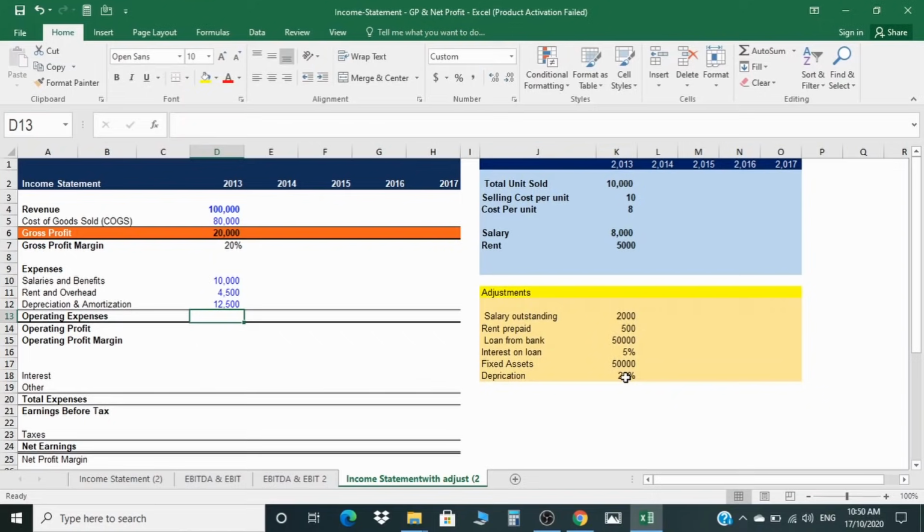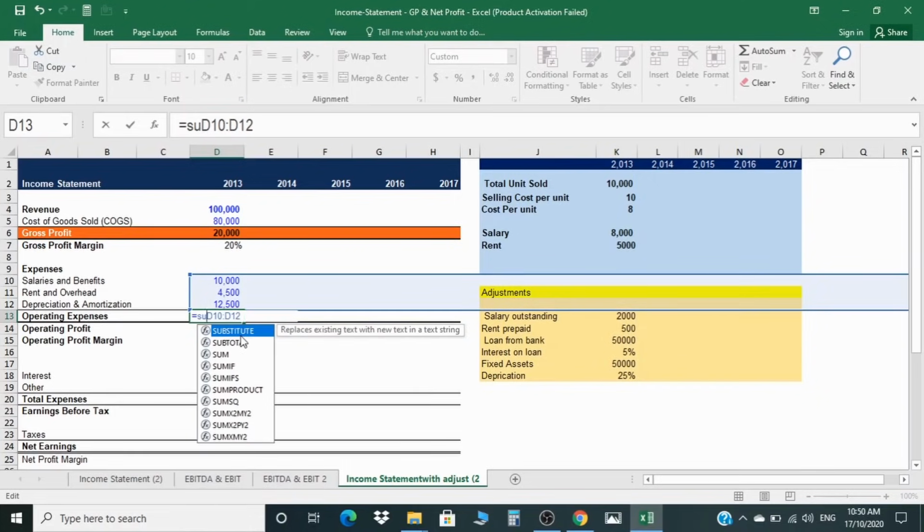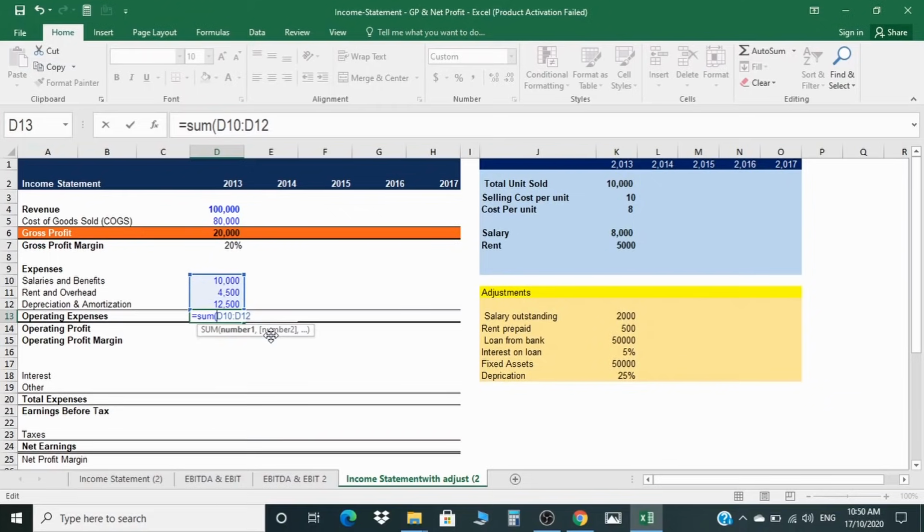So your depreciation is 12,500. Then we sum and total. So 27,000 is your operating expense.